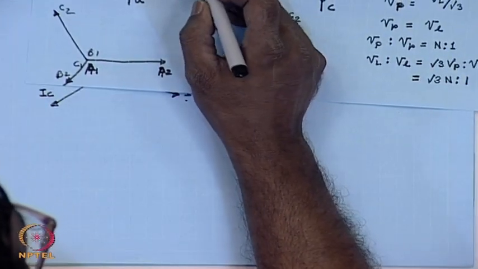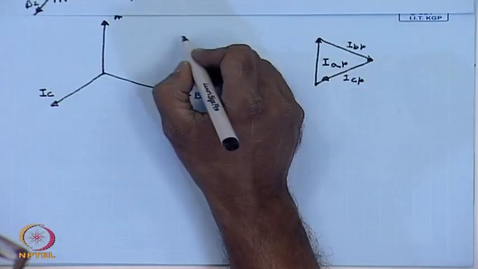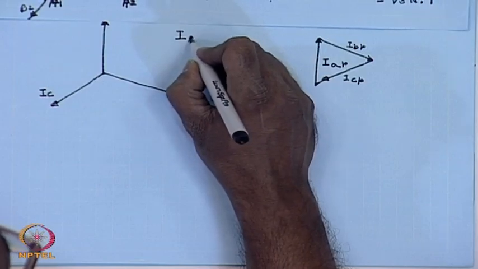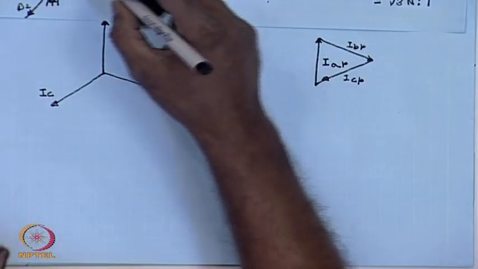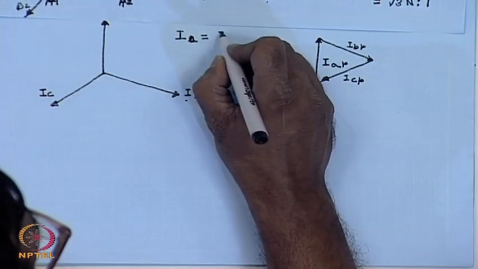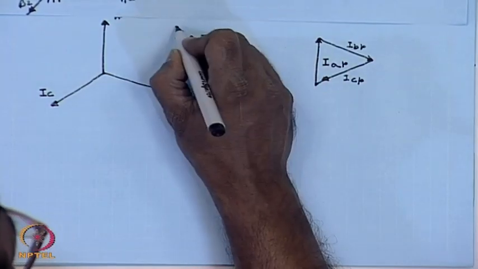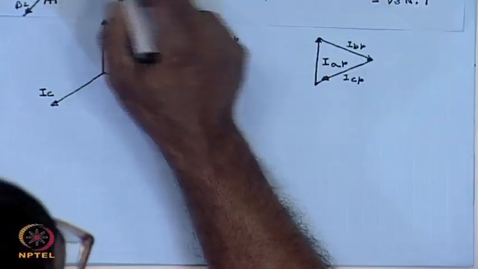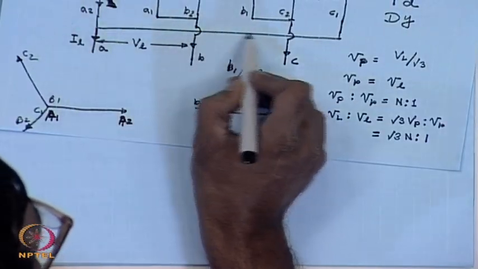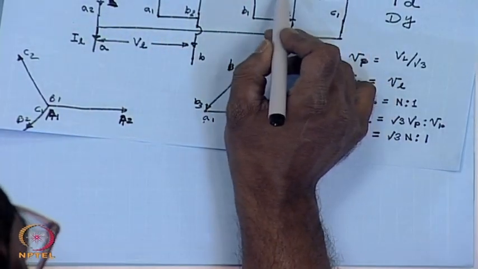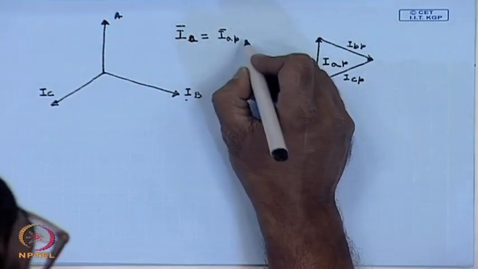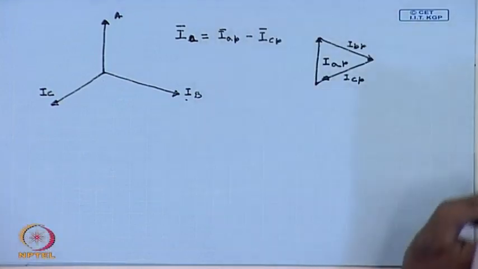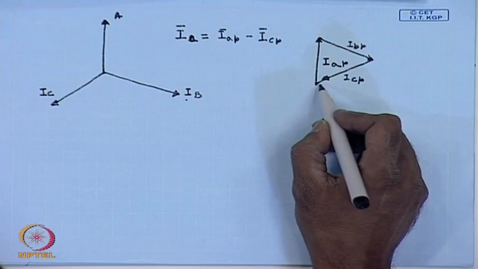This is line current I L of the A phase, which will be phase current I A P minus this current, which is the phase current I C, minus I C P. So, this is I A minus I C P.